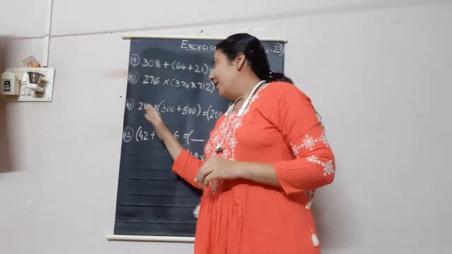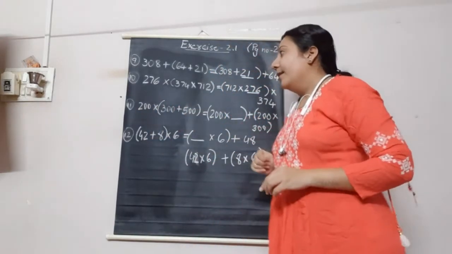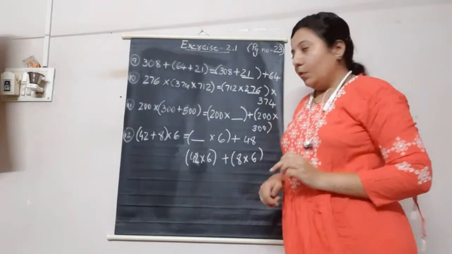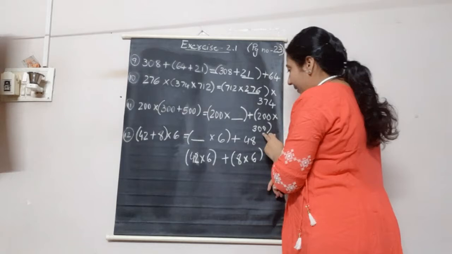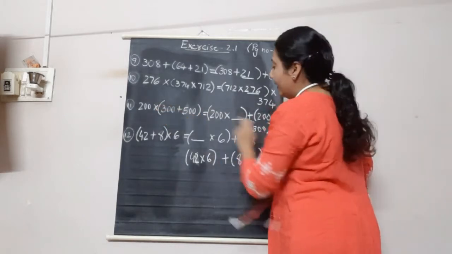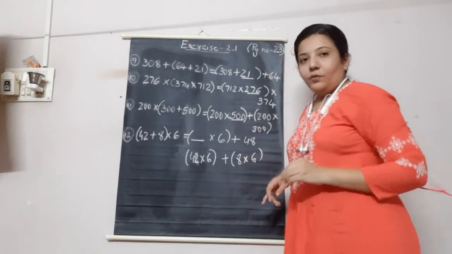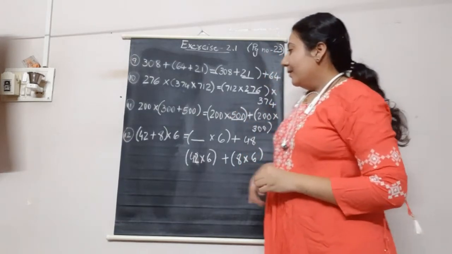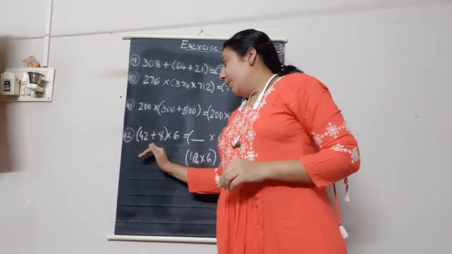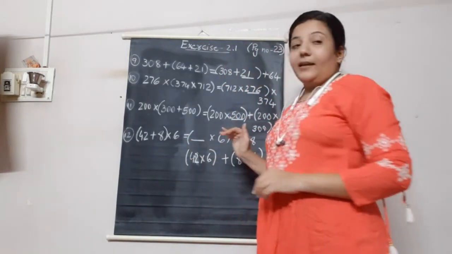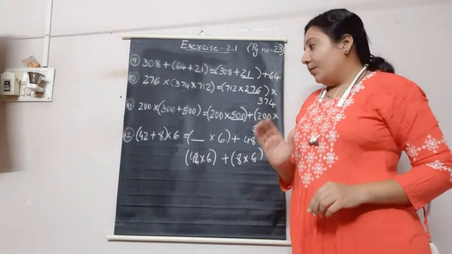Next one, 200 multiply 300 plus 500. Here this 200 they have distributed to both. So 200 here, to 300 they have already given. To 500 it is remaining. So we will write 500. Next one, 42 plus 8 multiplied by 6 is equal to dash multiply 6 plus 48. Now here it is a twist.